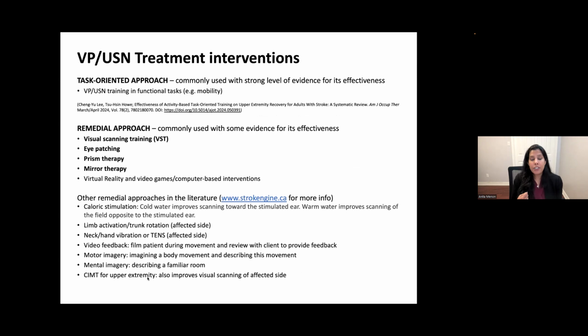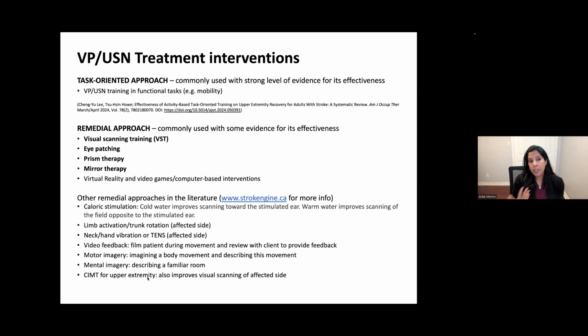So if a client needs to improve their ability to bathe themselves, both their right and left side, if they have a personal neglect, you could use a more task-oriented approach where you're essentially trying to practice the bathing activity, where you're trying to coach them to bathe their affected side that they're neglecting through various different strategies, which I'll present to you later in terms of feedback. But you're using a task-oriented approach to actually get them to practice the bathing activity in itself.